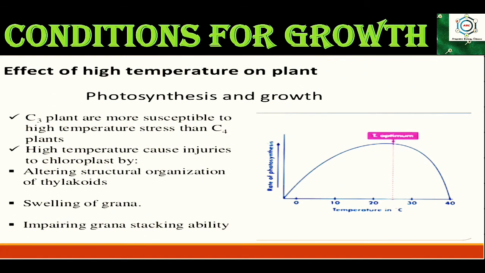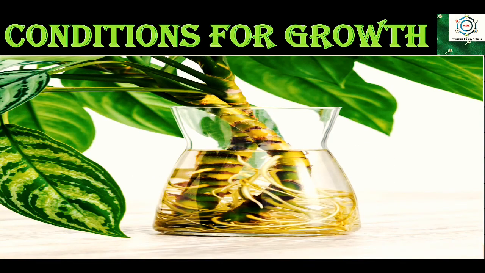Effect of high temperature on plants: C3 plants are more susceptible to high temperature stress than C4 plants. High temperature causes injuries to the chloroplast by altering structural organization of the thylakoid, swelling of grana, and impairing grana stacking. Now water.